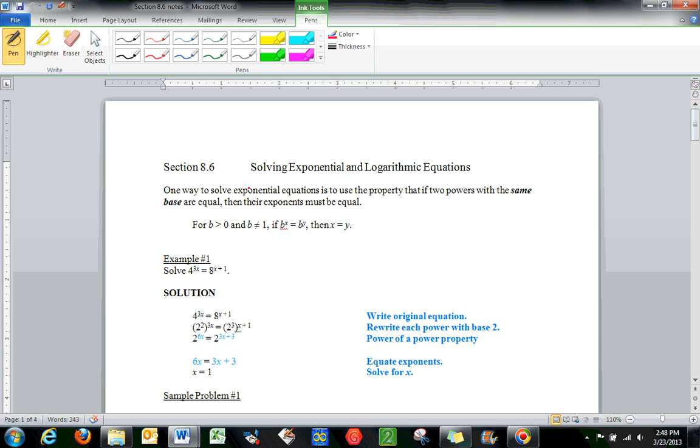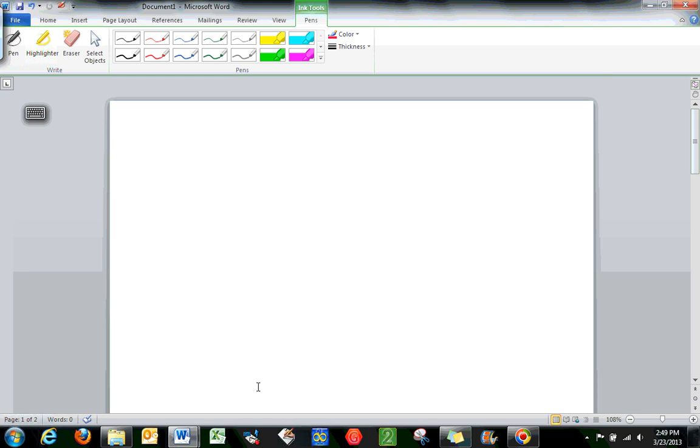The first problem example tells us, if we have an exponential equation, so we're dealing with an exponential equation at this point, not logs, and they have the same base, then we know that their exponents are going to be equal. So let's take a look at an example of that.